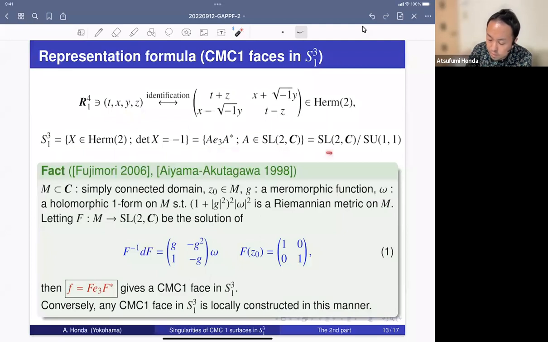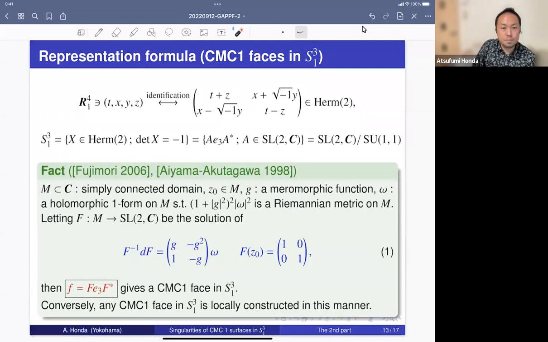So this is just the symmetric space form of de Sitter 3-space. Then the Fujimori, Ishikawa, Akutagawa representation formula gives the so-called Bryant type representation formula for CMC-1 faces in de Sitter 3-space.